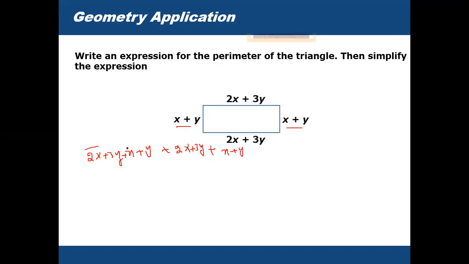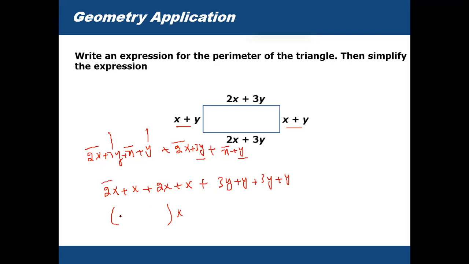Writing the x values in one place: 2x plus x plus 2x plus x. The y values: 3y plus y plus 3y plus y. Taking x common, the coefficients 2 plus 1 plus 2 plus 1 give 6x.